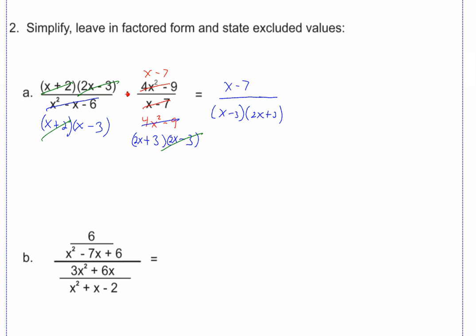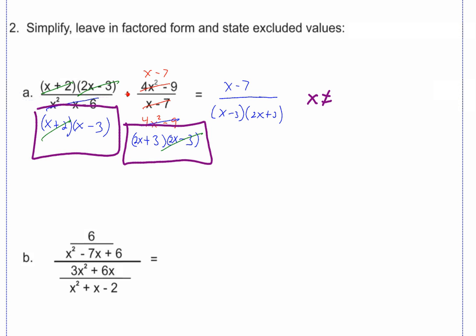So just so you're clear, before you cross anything out, you find your excluded values. So after it's inverted and before you divide anything out. So x cannot be, the first binomial would be a negative 2. Again, x plus 2 equals 0, x equals negative 2. The second binomial would give you a 3.